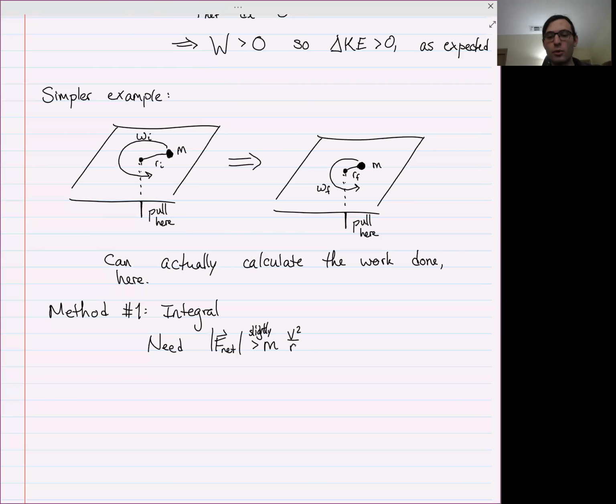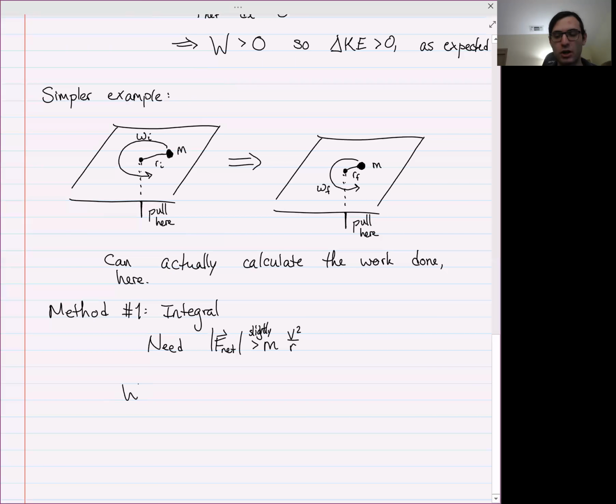So if we want to find the work done, let's just find the work done as if these two were actually equal. Then we'll know that the work done is infinitesimally greater than what we calculate, i.e., the minimum amount of work that you can do to make this happen is how much we're going to calculate.